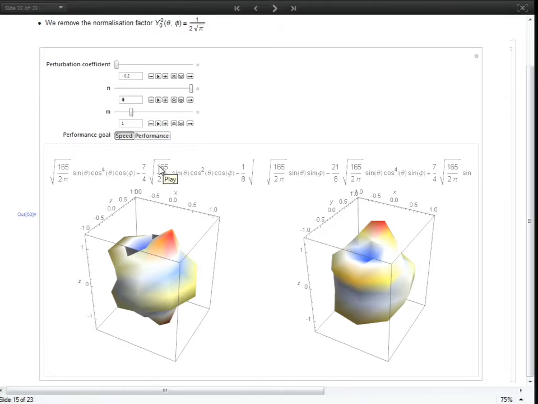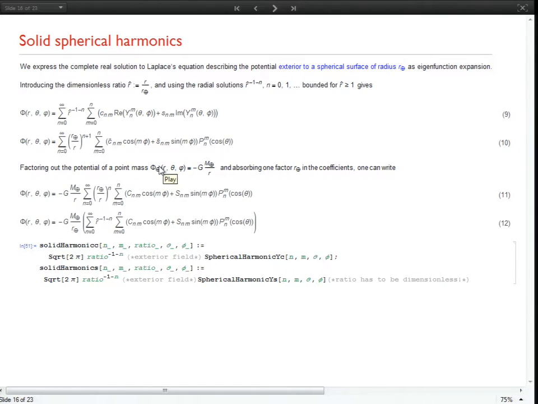Now the spherical harmonics can be extended to the whole space by the spatial part. This is done by expressing the complete real solution of the Laplace equation as a linear combination of the spherical harmonics multiplied with the radial solution r hat to the power -1 minus n, where r hat is just the dimensionless ratio between our radius and the radius of the sphere.